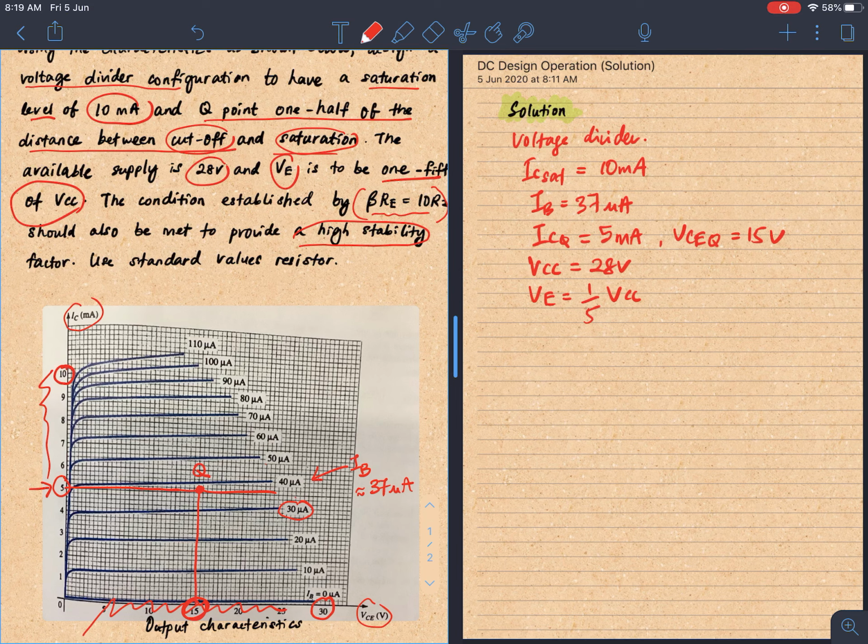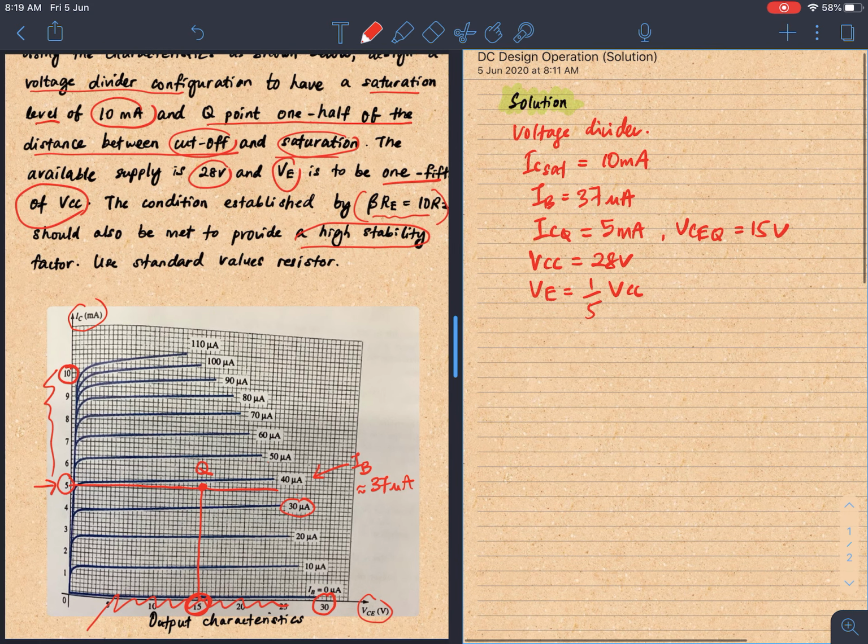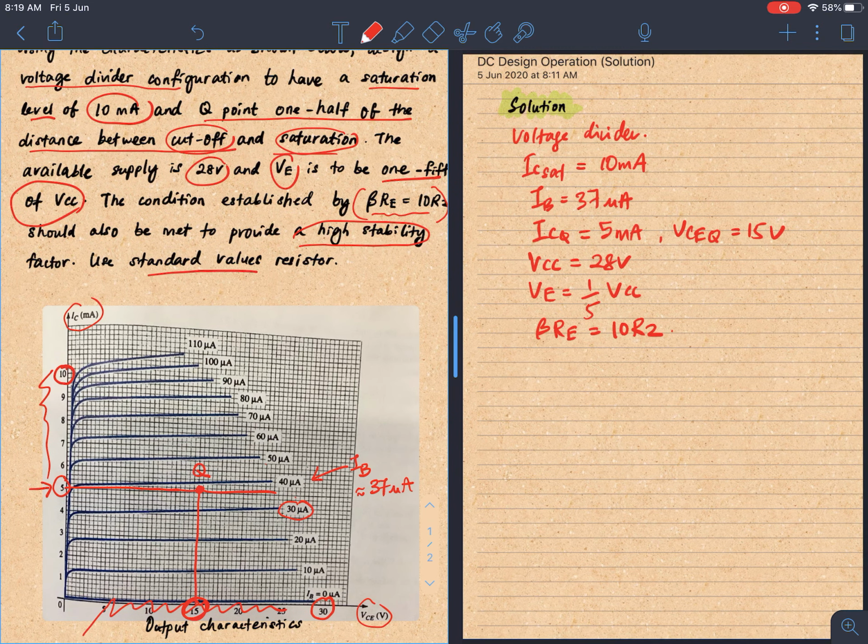So beta RE equal to 10 times R2. And finally, use standard value resistors.